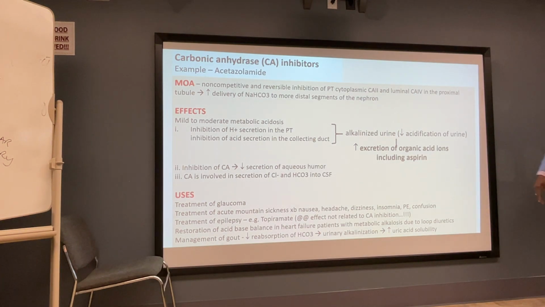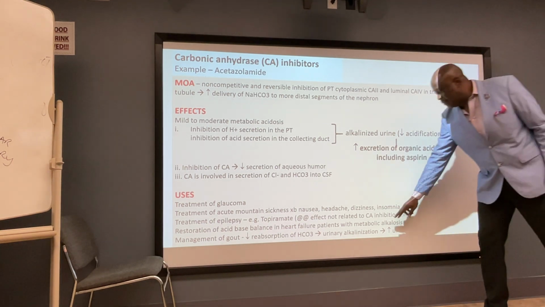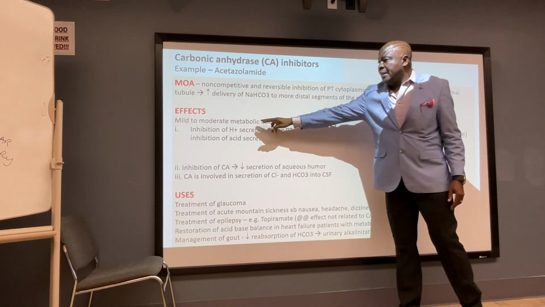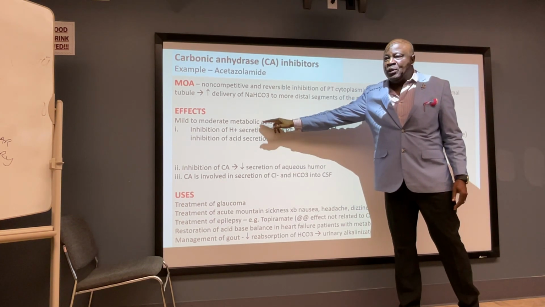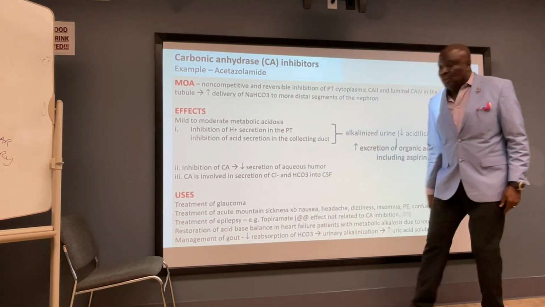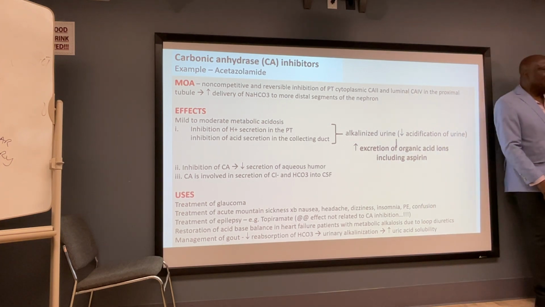Then it can restore acid-base balance, especially in heart failure patients when they have metabolic alkalosis. Because when there's metabolic alkalosis, and you know that these agents cause metabolic acidosis, you can relate to why they are useful in that situation.